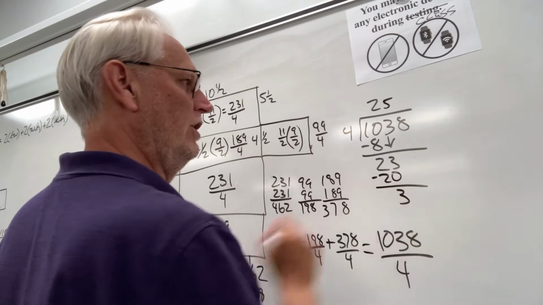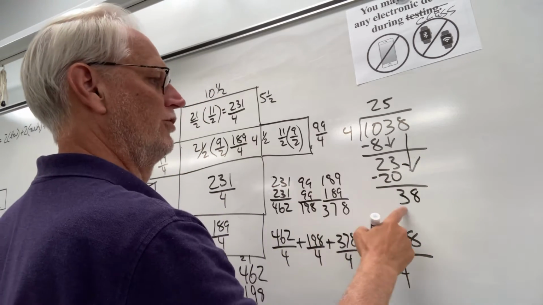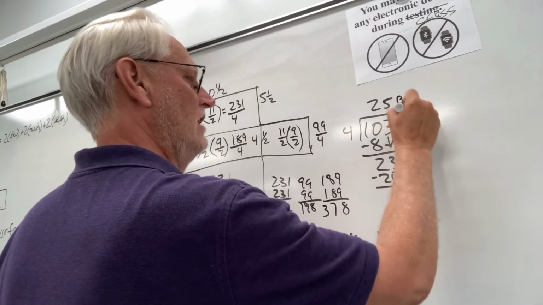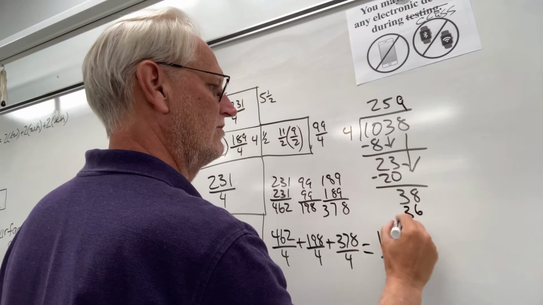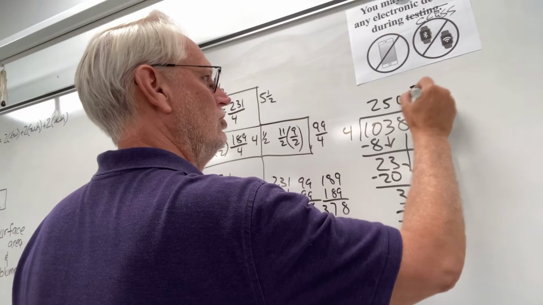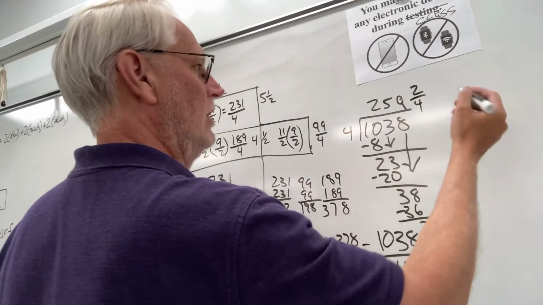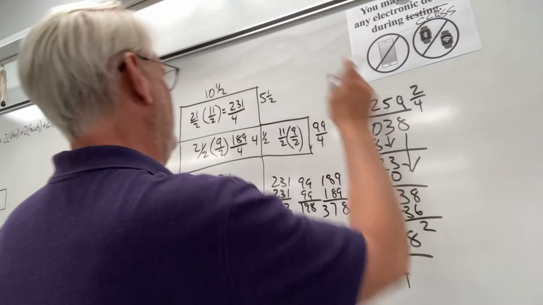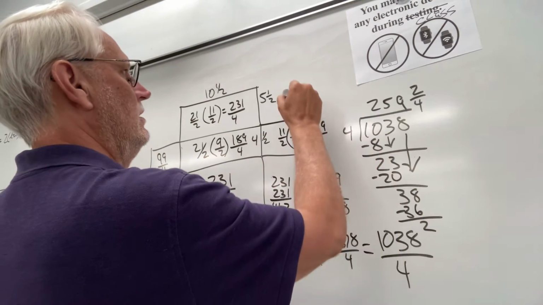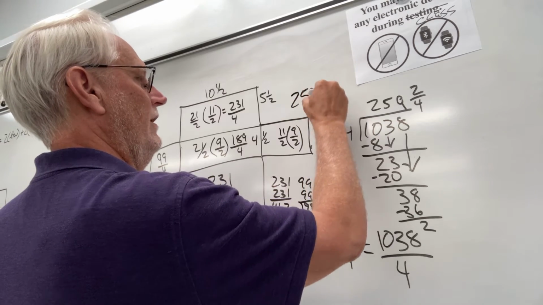Subtract, you get 3. Bring down the 8. 4 goes into 38 9 times, which is 36. Subtract, you get 2. So then you have 2/4 as your remainder. So 2/4 becomes 1/2. So the answer to the whole thing is 259 and 1/2.